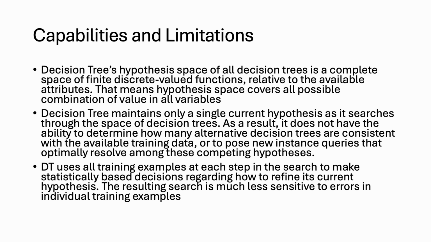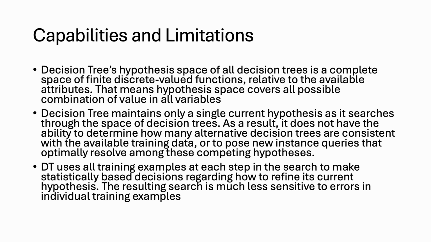As a result, it does not have the ability to determine how many alternative decision trees are consistent with the available training data, or to pose new instance queries that optimally resolve among these competing hypotheses.